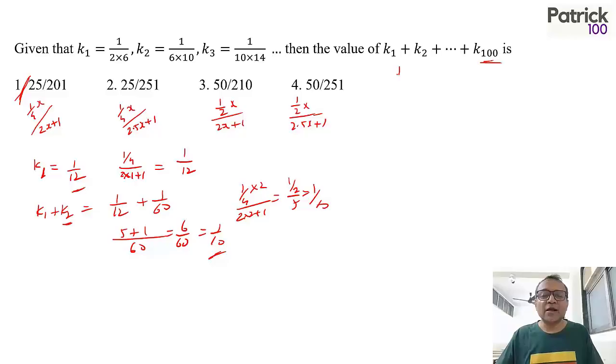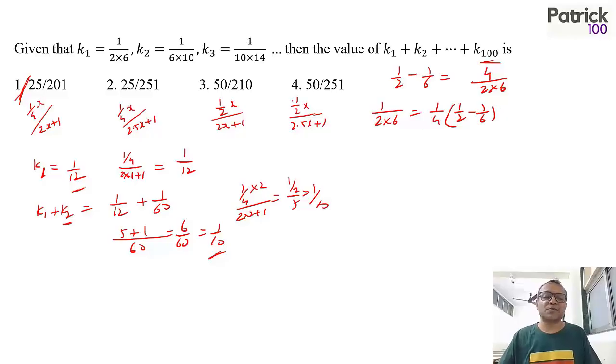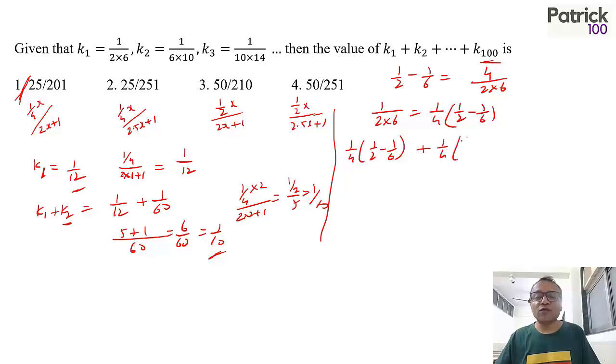For example, 1 by 2 minus 1 by 6 is nothing but 2 into 6, 4. That means if I want to write 1 upon 2 into 6, it will be nothing but 1/4 of half minus 1 by 6. Using this to write all the pattern, you will realize it will be 1/4 of half minus 1 by 6 plus 1/4 of 1 by 6 minus 1 by 10 plus 1/4 of 1 by 10 minus 1 by 14, and so on.